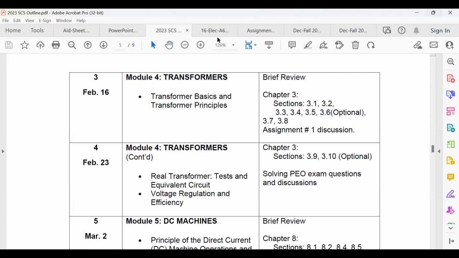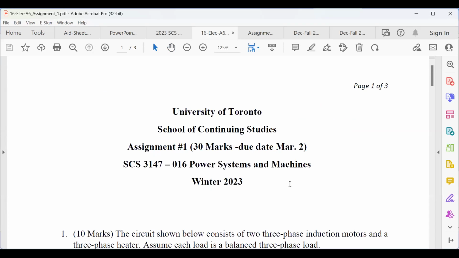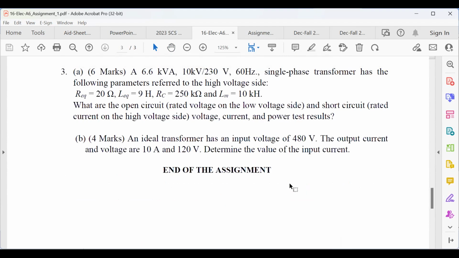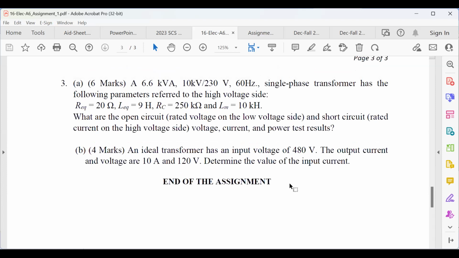So let me discuss the assignment number 3, question number 3, because now I believe you have the things, or we already covered the things, to solve this problem 3 in the assignment.